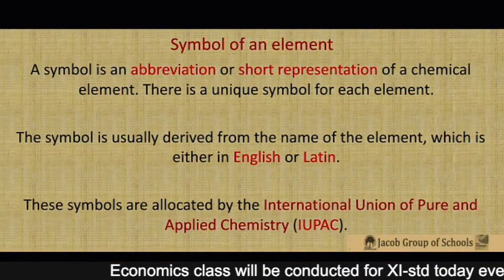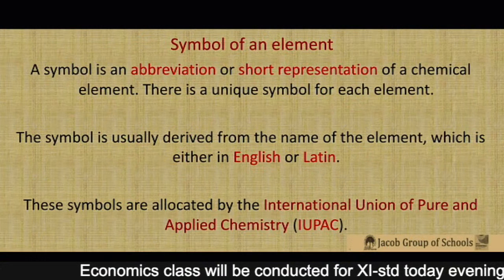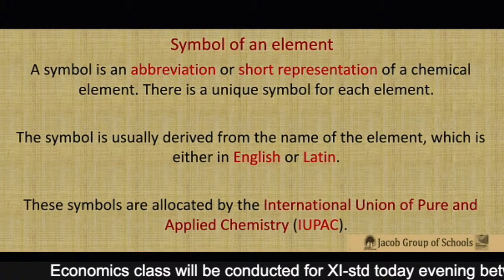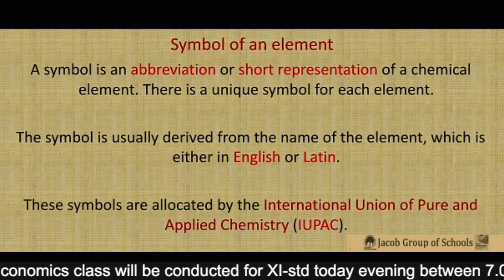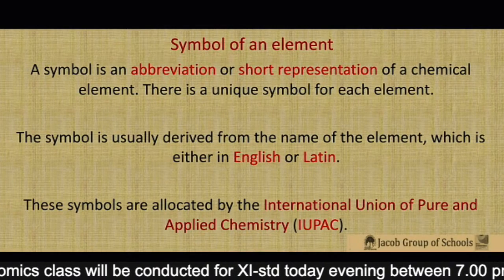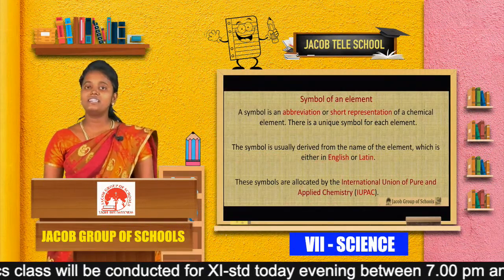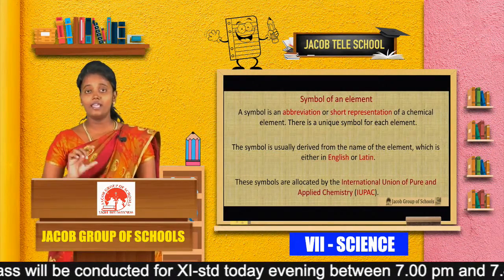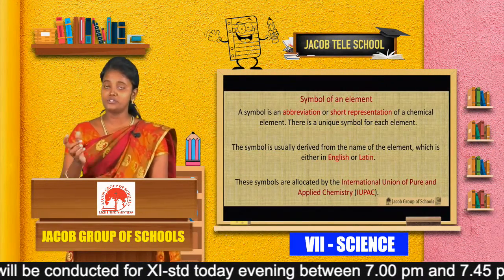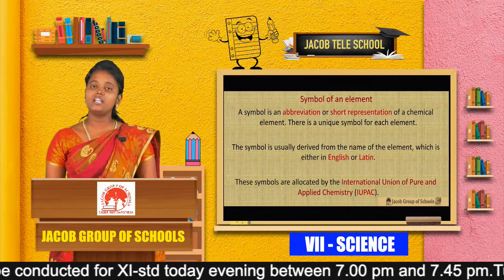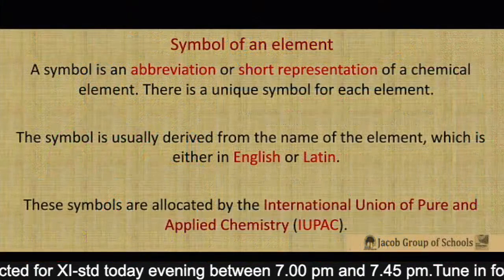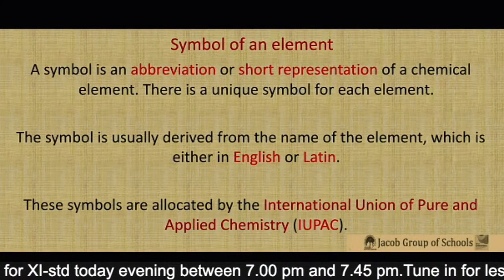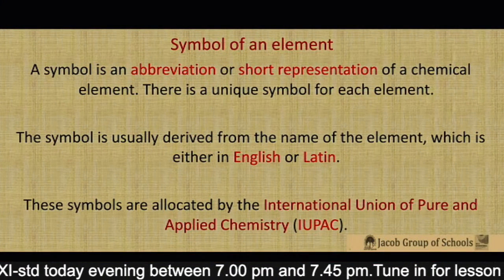abbreviations. Okay, see the picture. The symbol is usually derived from the name of the element, which is either in English or Latin. Just as we give beautiful names in Tamil, the symbols are taken from English and Latin terms. Okay, these symbols are allocated by the International Union of Pure and Applied Chemistry.